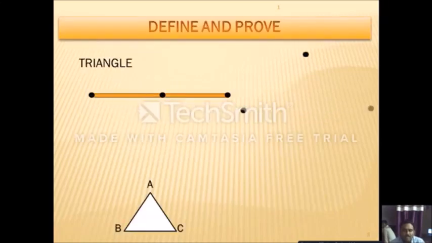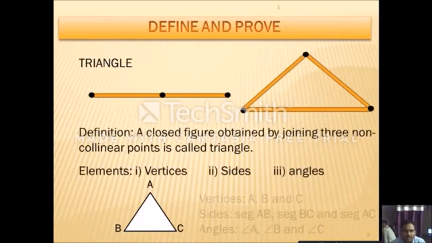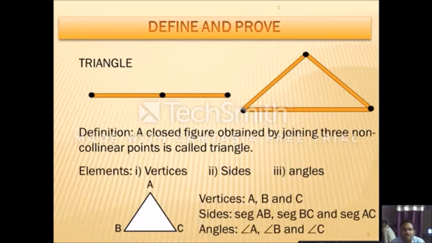The second part of this presentation is define and prove. Now, triangle. How will we define a triangle? When 3 points are collinear and we draw a line or segment passing through these 3 distinct points which are collinear, then we will get a segment only.